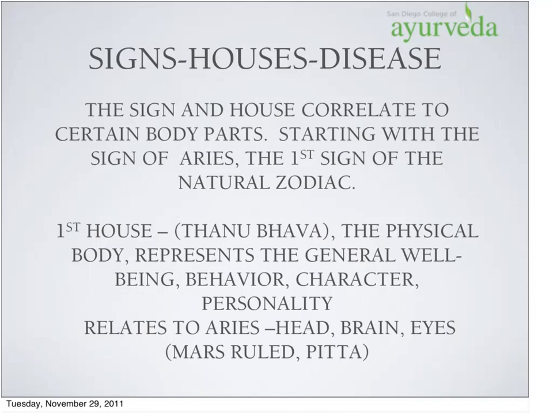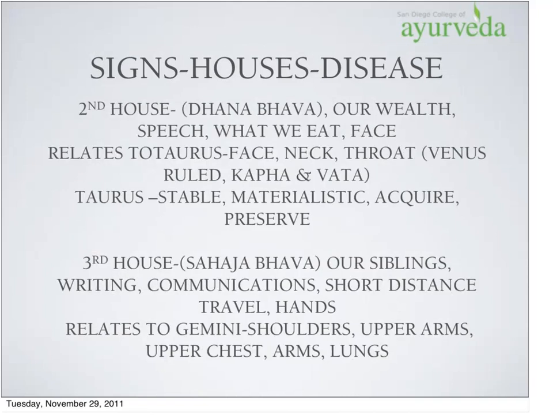It's ruled by Mars, which is Pitta, and Pitta also deals with the brain. So we're integrating the bhavas and the sign with the area that it's related to in the body. Just think of the first sign of the natural zodiac as Aries. So we're starting with the head, and we're just working all the way down the body.